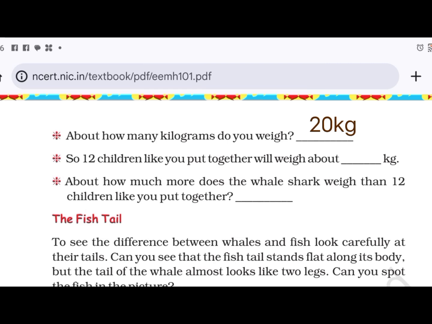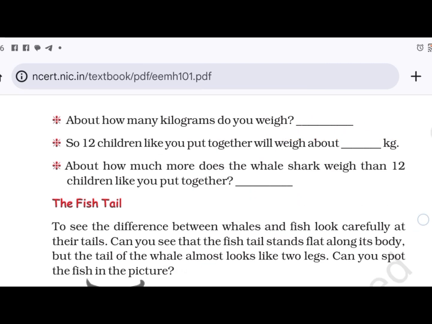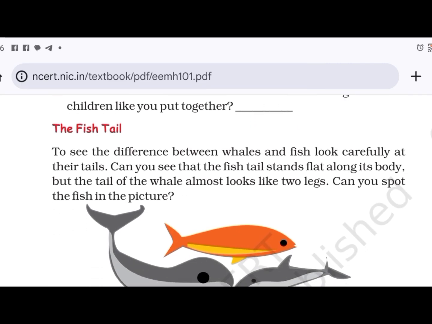Then next is how much weight is coming for 12 students, that again makes 12 times. Then you will find the answer to the third point. That is, 12 times a child of weight 20 kg is 240. Then 240 12 times is a very large number. Let's check how much it is now. Yes, it is 2880. So it is the answer.